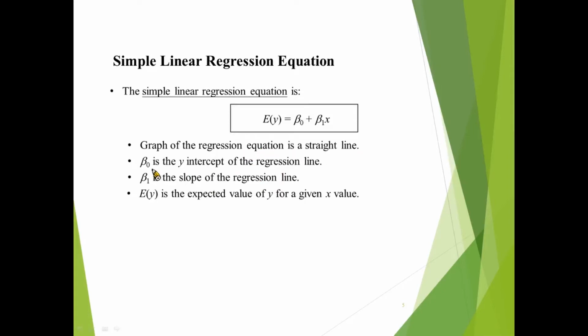Beta 0 is the y-intercept of the regression line, beta 1 is the slope of the regression line, and E of y is the expected value of y for a given x value.